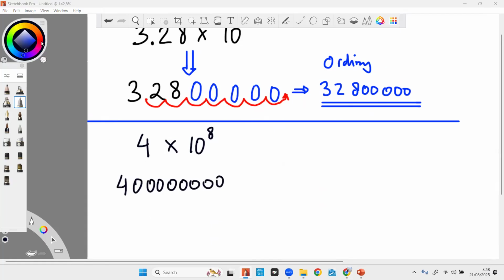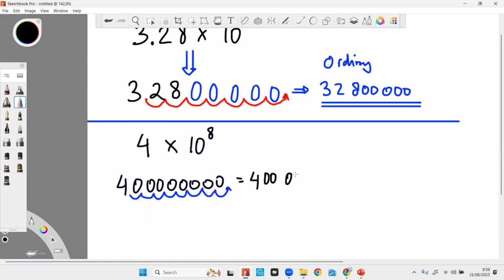Or if you want to do the steps, you can do it: 1, 2, 3, 4, 5, 6, 7, 8. So how do you read that number, guys? 400 million, right? Just make a bit of distance between the 0s, group of 3, and you can get the number easily.